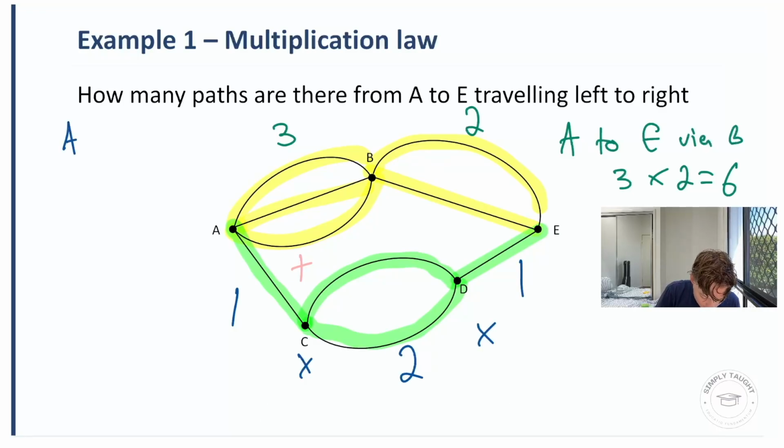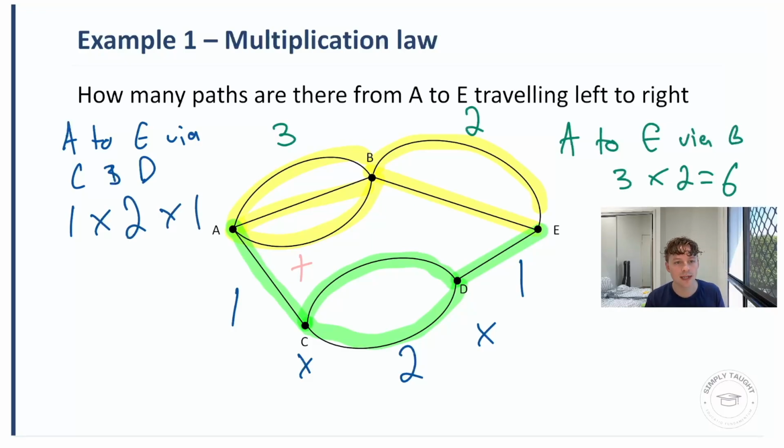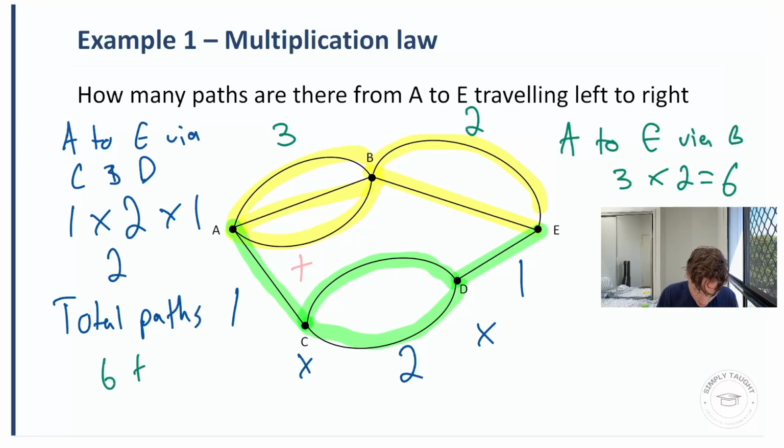So if I'm going from A to E via C and D, then I've got one way and two ways and one way left, which means I have a total of two ways to go from A to E via C and D. Okay, so because I can go up or I can go down, I now combine my two results. So total paths is simply going to be 6 plus 2, which equals 8 different options in total.